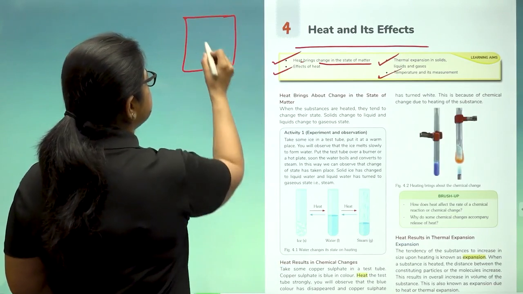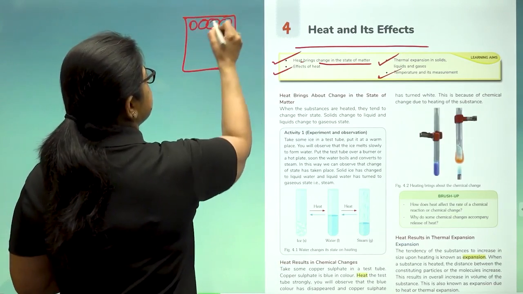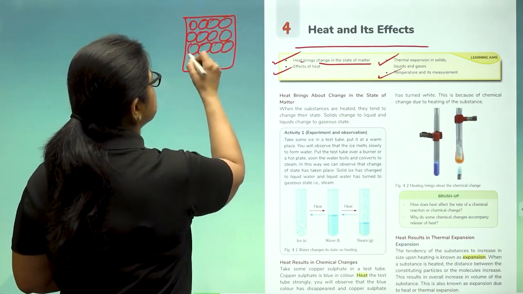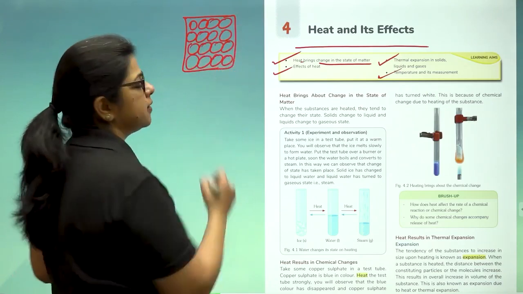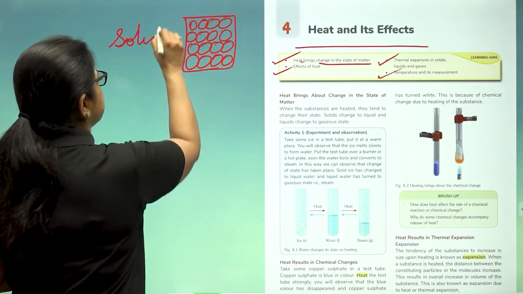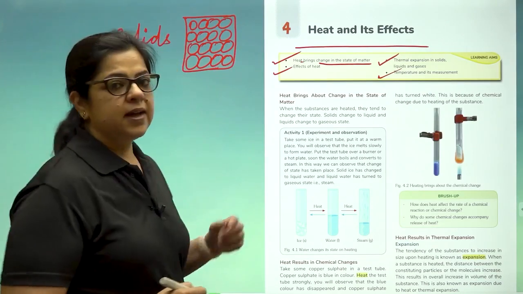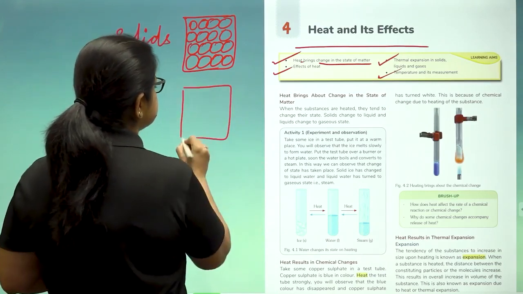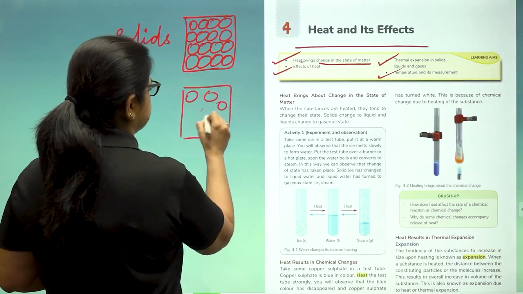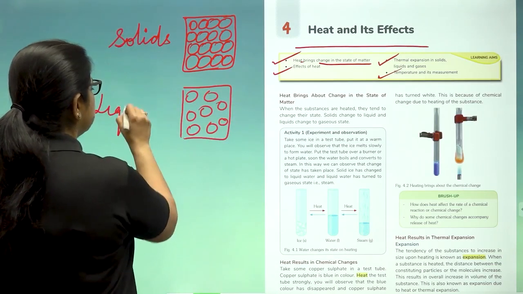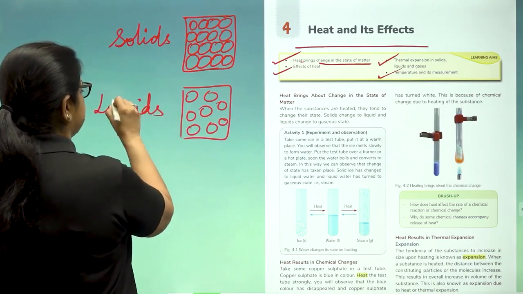So if you remember, this is how the molecules in a solid look like, right? So the first state of matter is solids. Next, the state of matter that we have learned is liquid. So in a liquid, the molecules are loosely placed, right?